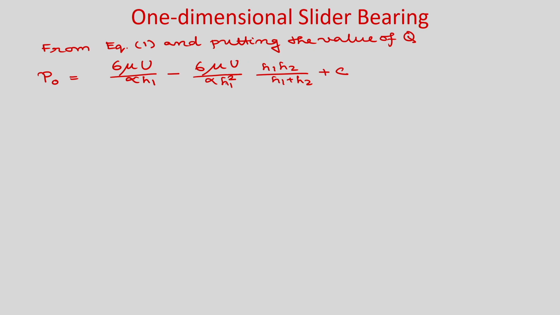So, you can see this h1 will get cancelled. So, you can write p naught is equal to 6 mu u by alpha h1, if we take outside, so it will be 1 minus h2 divided by h1 plus h2, plus c.